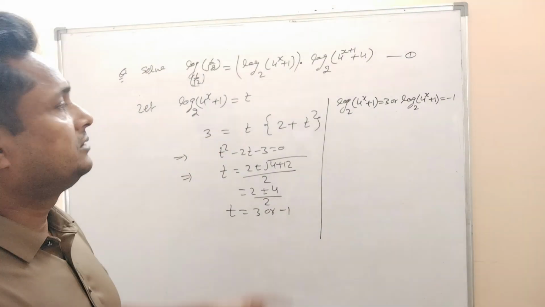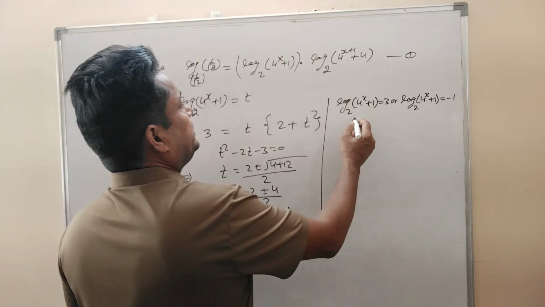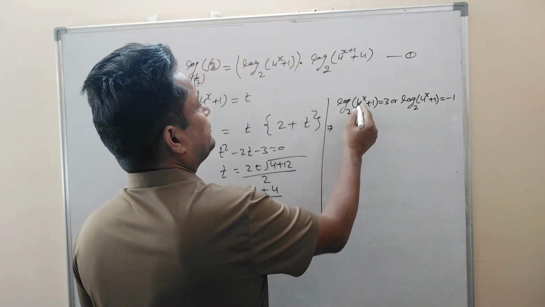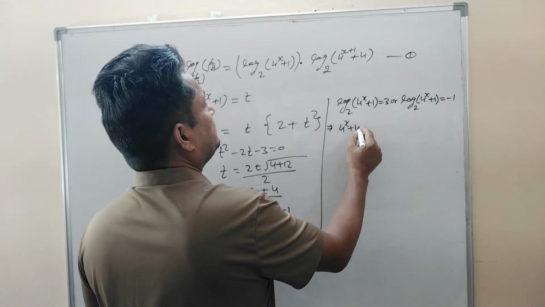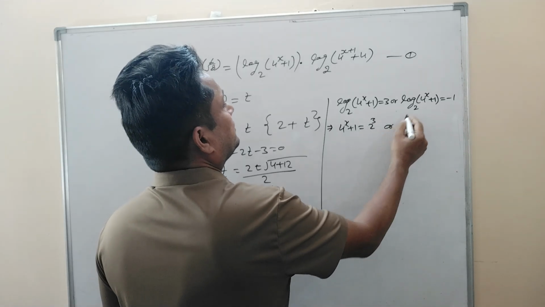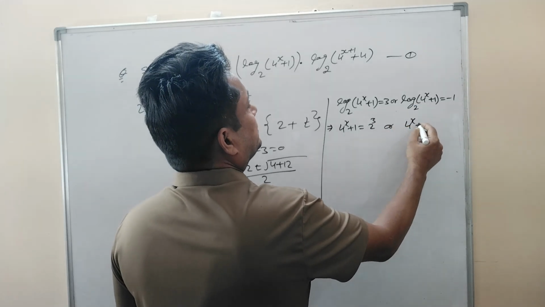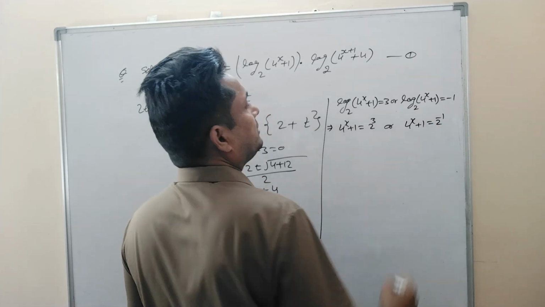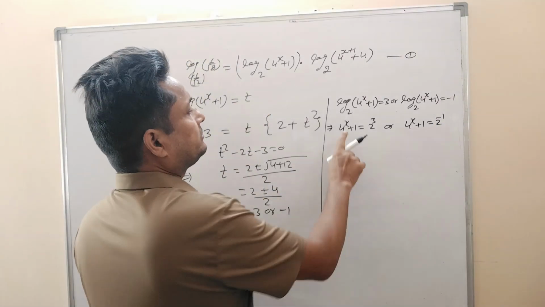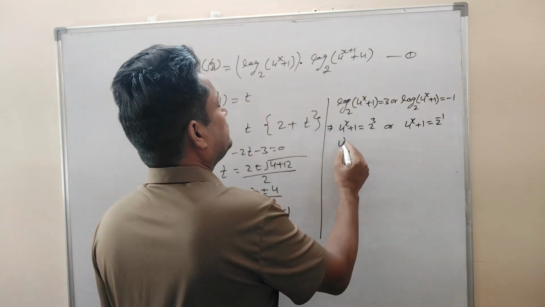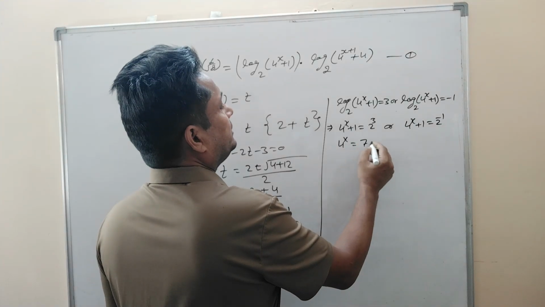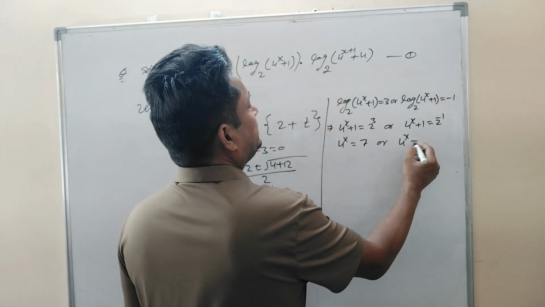So simplify this. So from here, 4 to the power x plus 1 will be equal to 2 to the power 3, or from here 4 to the power x plus 1 is equal to 2 to the power minus 1. So from here it will be how much? 4 to the power x will be 7, or from here it will be how much?